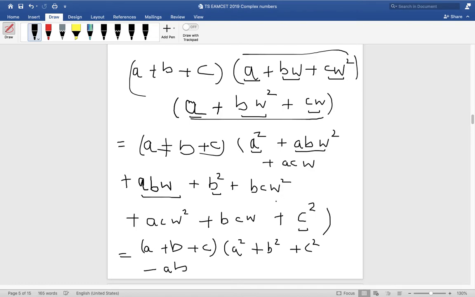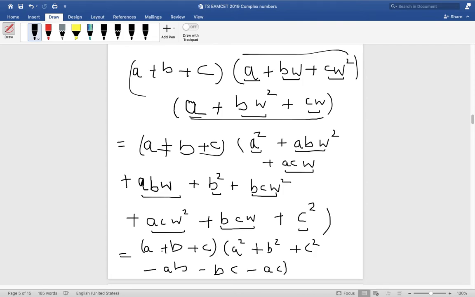Now we look at this bc omega square and bc omega. When you take bc common, you get omega square plus omega, which is again -1. So you get minus bc. Then you are left with only these two, ac omega and ac omega square. You take ac common, you get omega plus omega square, which is again -1. So you will be left with this.